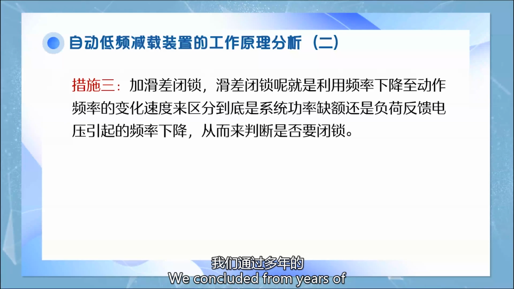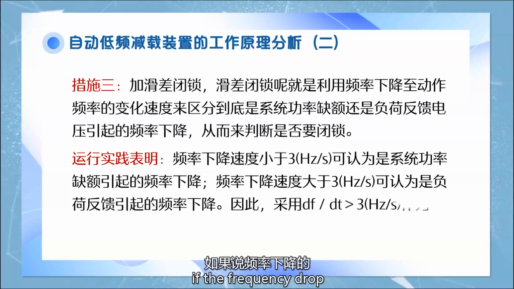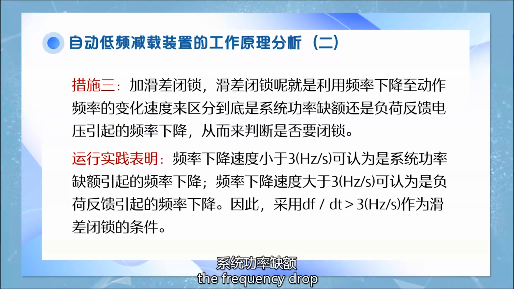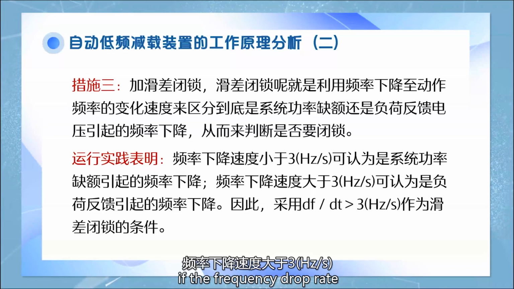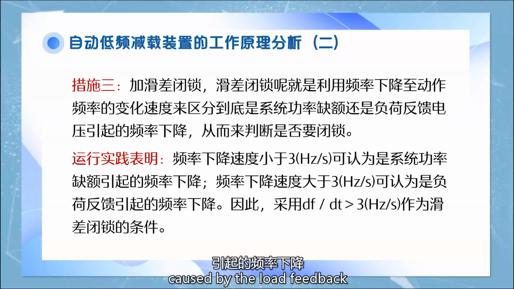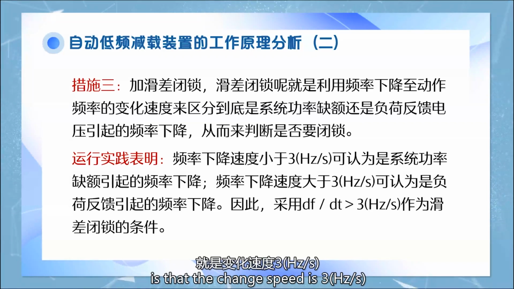We concluded from years of practical experience that if the frequency drop rate is less than 3 Hz per second, it is considered to be the frequency drop caused by the system power shortage. If the frequency drop rate is greater than 3 Hz per second, it is considered to be the frequency drop caused by the load feedback. So, the condition for sleep blocking is that the change speed is 3 Hz per second.